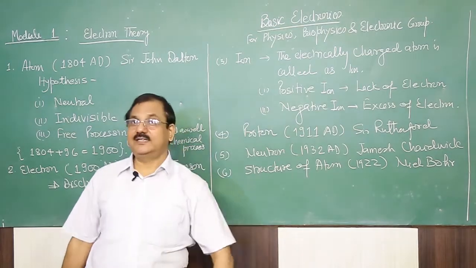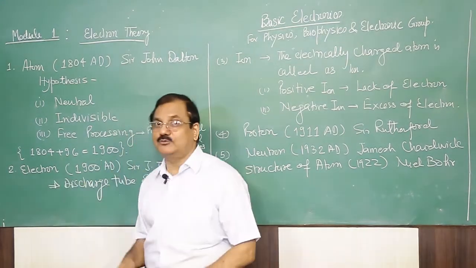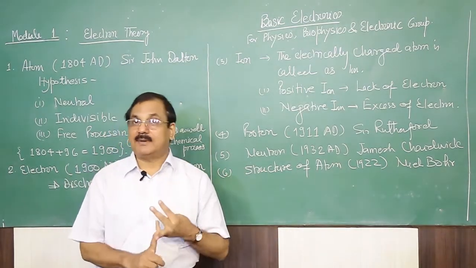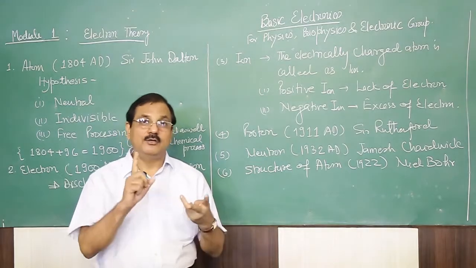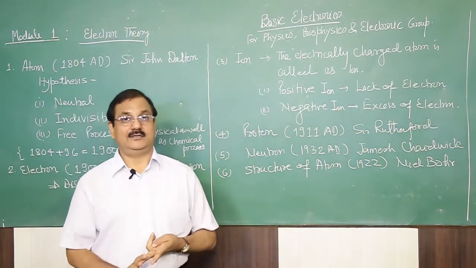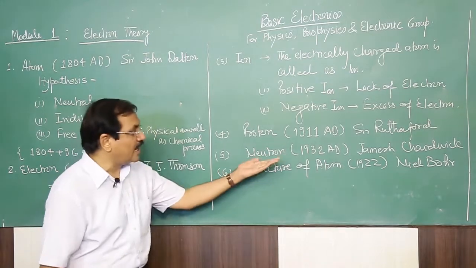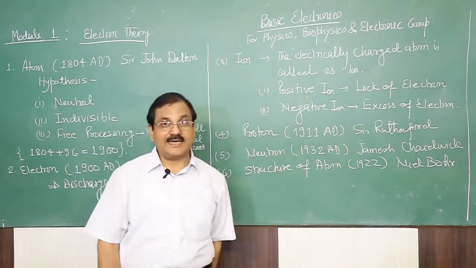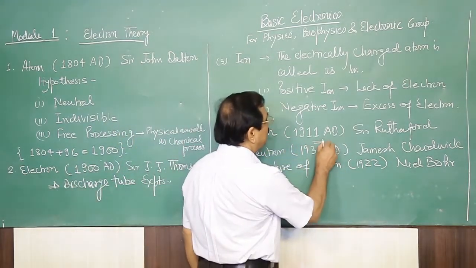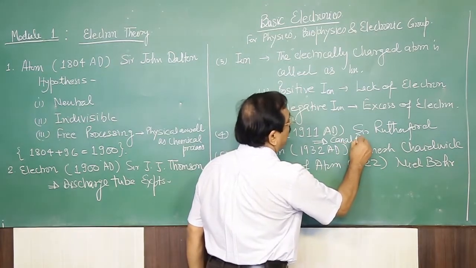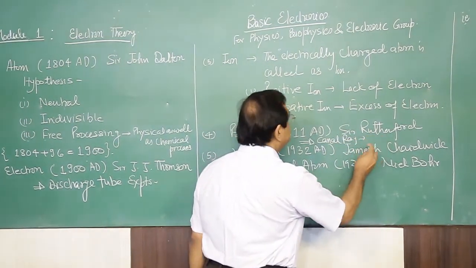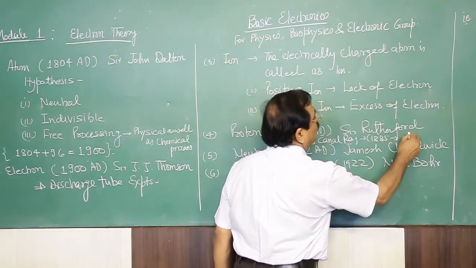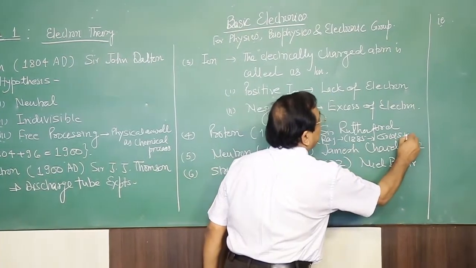So, from 1900 to 1932, in a journey of 32 years, three fundamental particles were named: electron in 1900, proton in 1911 and neutron in 1932. One important thing about the proton is that it is sometimes also called canal ray because of its positive nature, and this was proposed in 1885 AD by Goldstein.